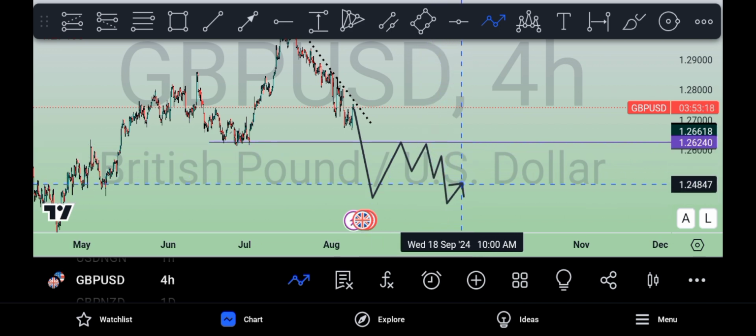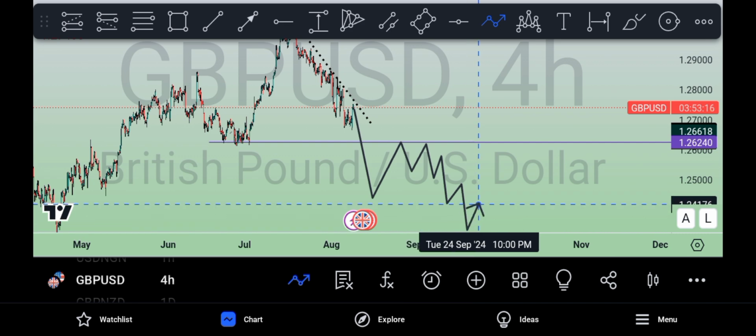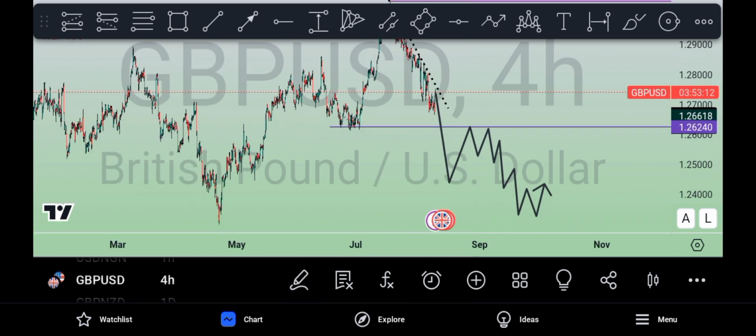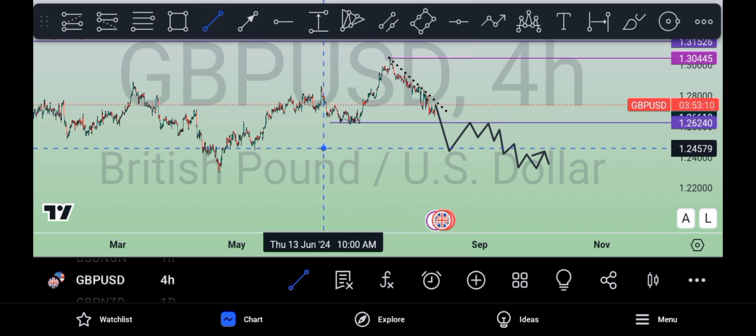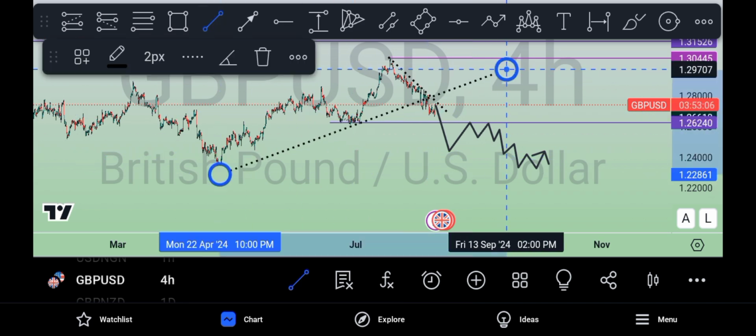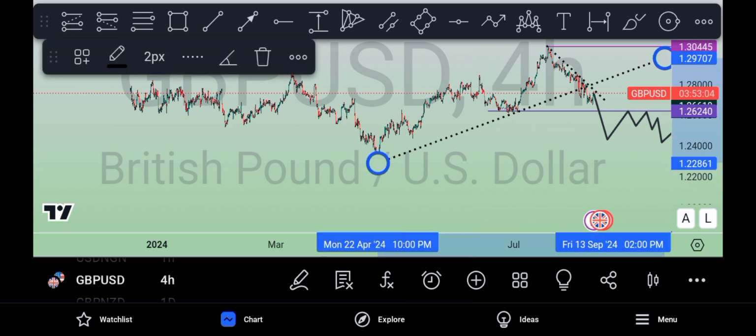That is when we are going to say, oh, GBP USD is now bearish because it has altered the trend. Apart from altering the trend, there's a trend line also that has been taken out, stuff like that.